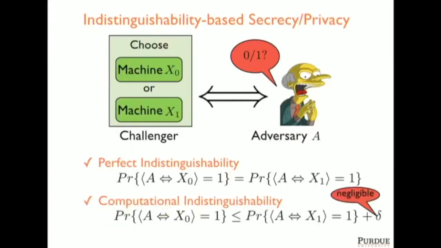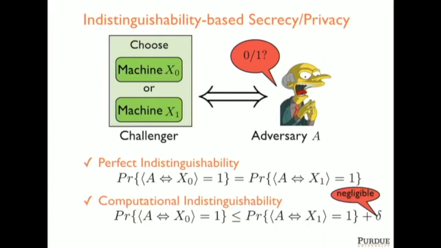What I mean by indistinguishability, I thought I'd show with a diagram. The typical way we define indistinguishability is we assume that there are two machines, machine x0 and x1, which represent your algorithm or protocol, and there is an adversary. We assume that this adversary interacts with one of these two machines, chosen uniformly at random.